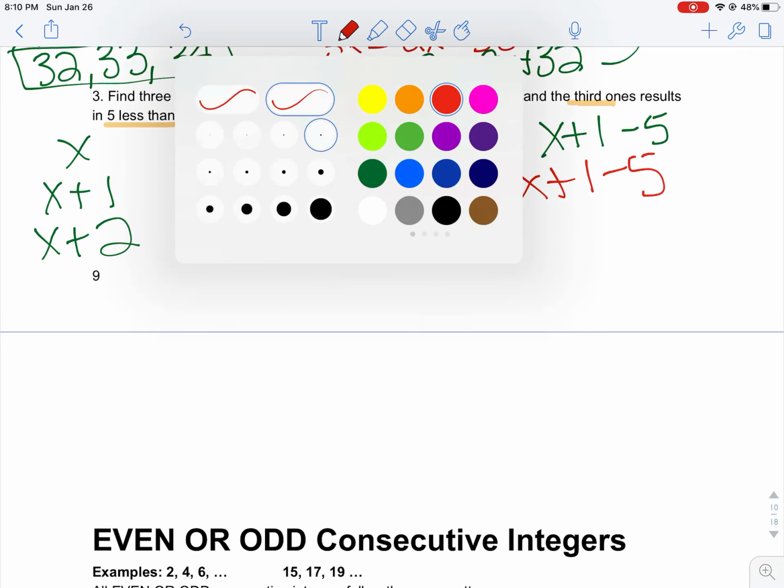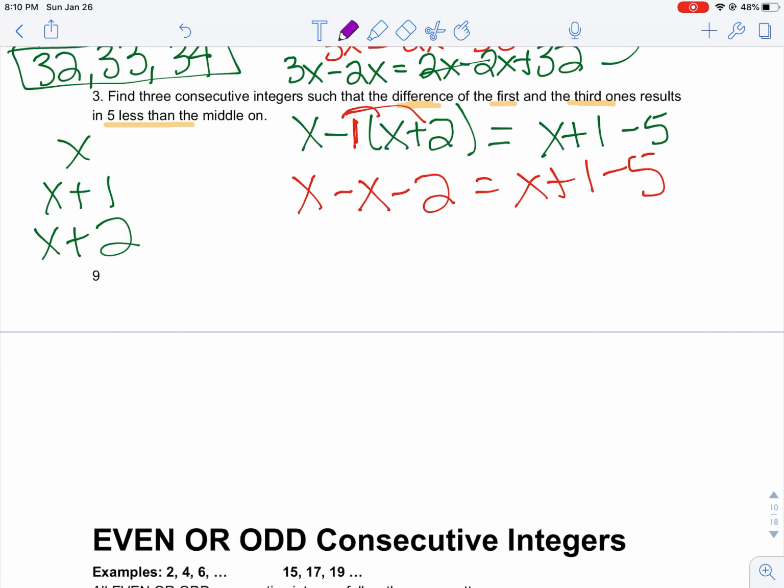So if I combine my like terms, x minus x cancels, and I have negative 2 on that side. The x on the other side has nothing to combine with, but then I have this 1 minus 5, which is negative 4.